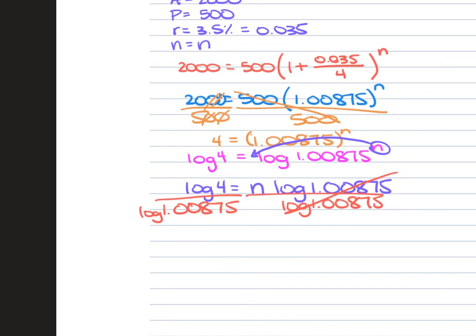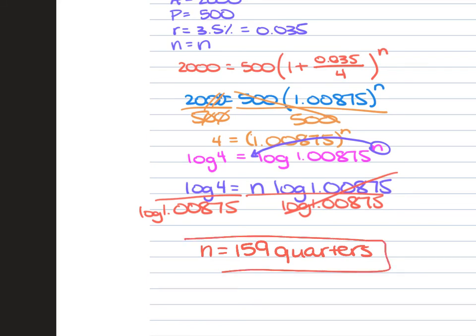And we're going to use our calculator to get that n is equal to log 4 divided by log 1.00875, which is approximately 159. So n is equal to 159 quarters, which is how many parts of a year?